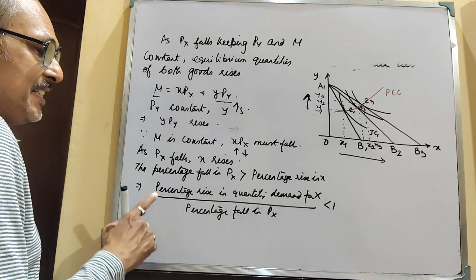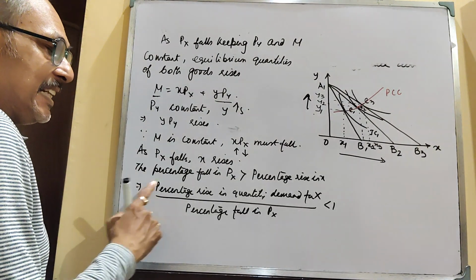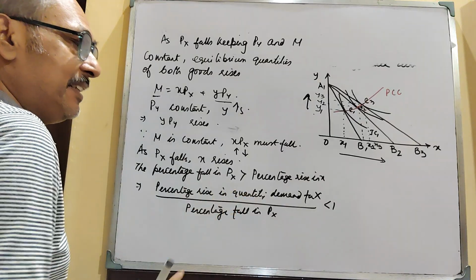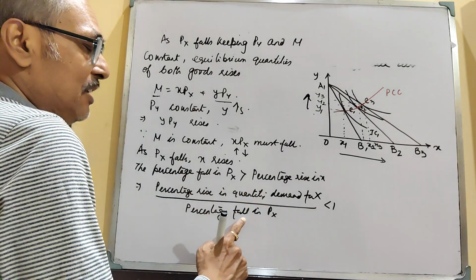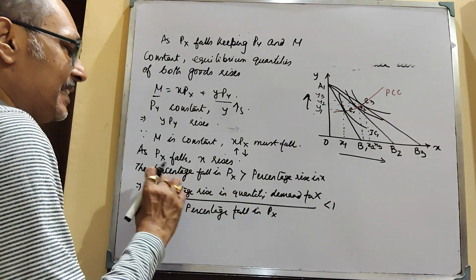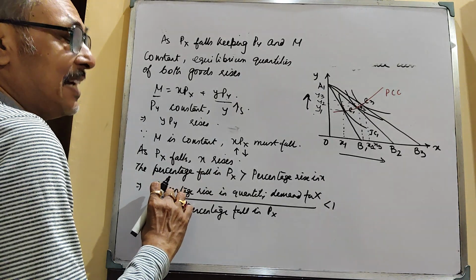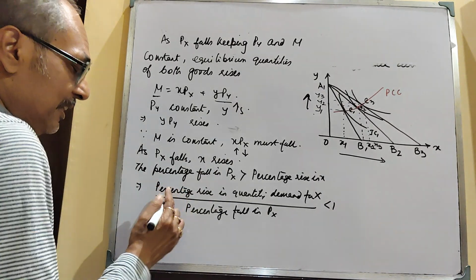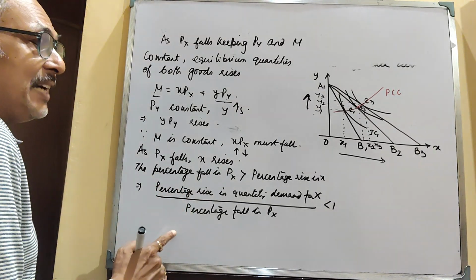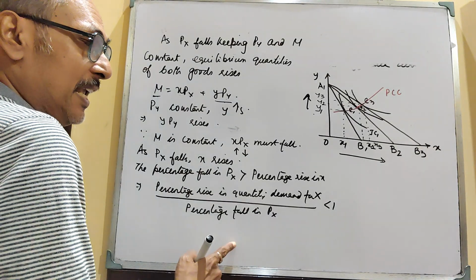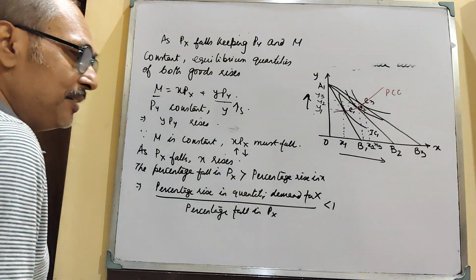Now, what does it mean? Percentage rise in quantity demanded by percentage fall in price is the measure of own price elasticity of demand. Therefore, the own price elasticity of demand for X is less than 1.